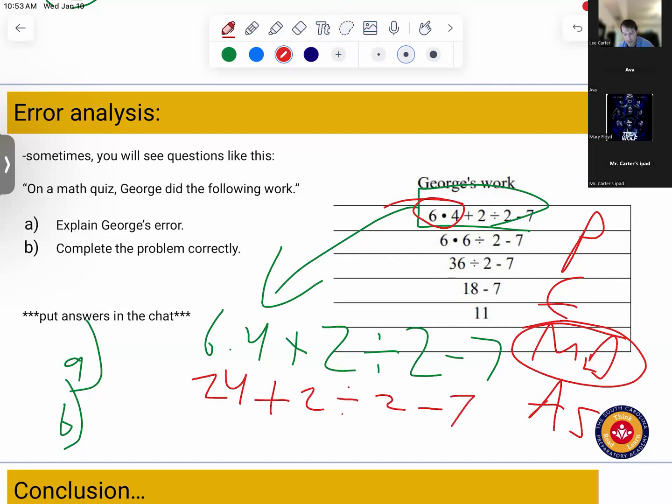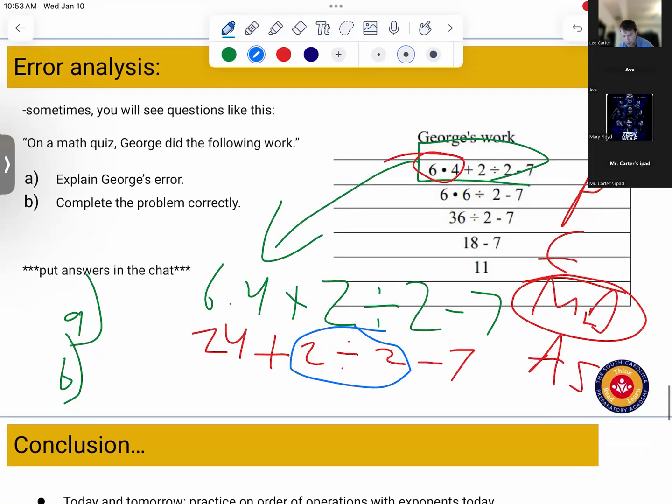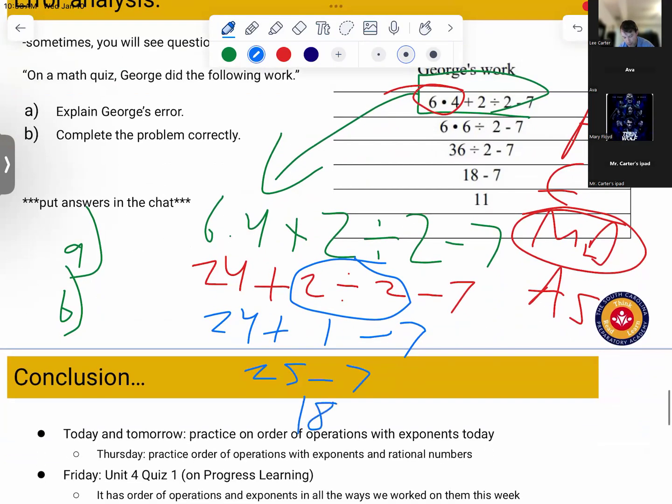So the next step we should have is this: 2 divided by 2 is 1. So 24 plus 1 minus 7. Okay. So then we got 25 minus 7, which gives us 18. Tell me if that makes sense.